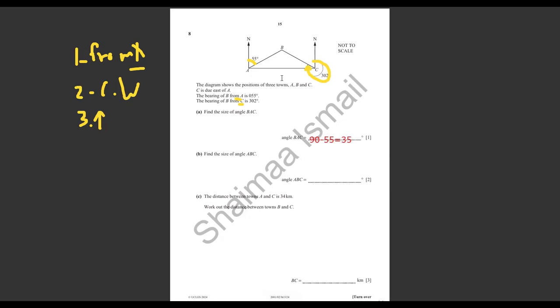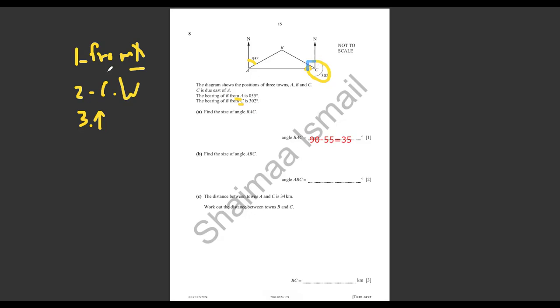How about the angle ABC? The angle ABC, we can get it here. So we can get this small angle by 360 minus 302, which gives us 58. Okay, so here we have 58.